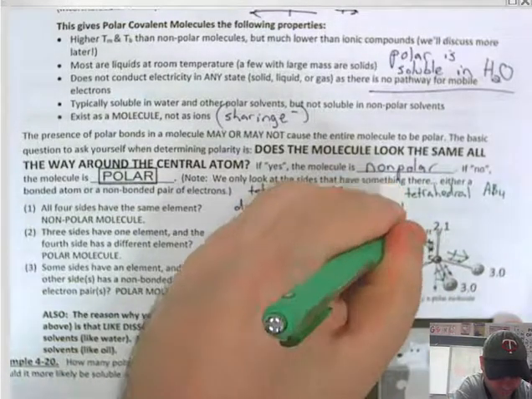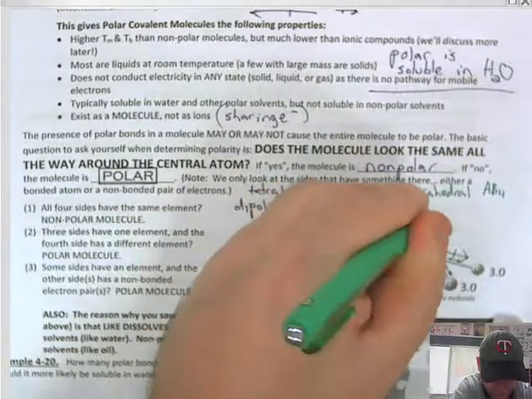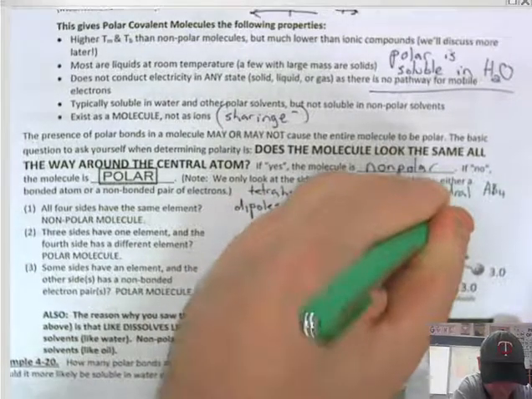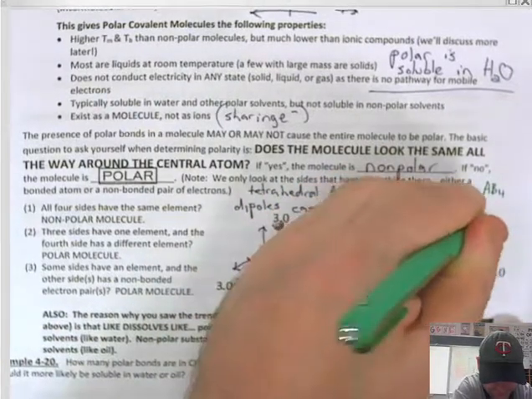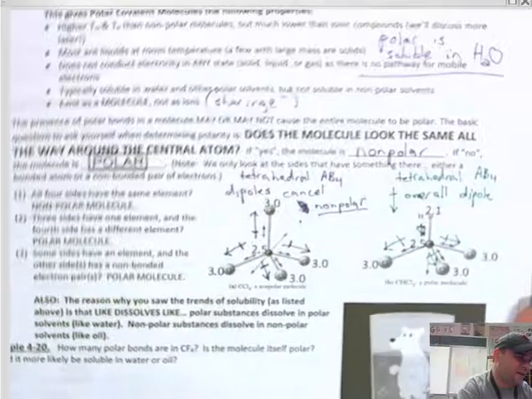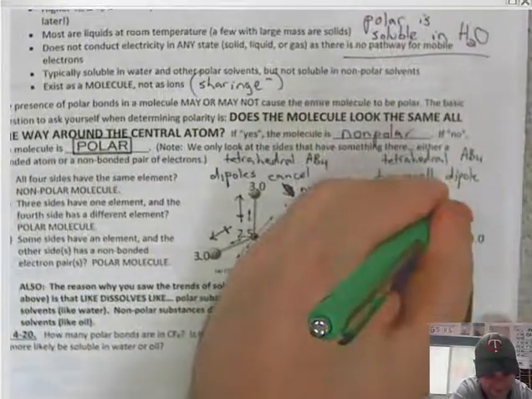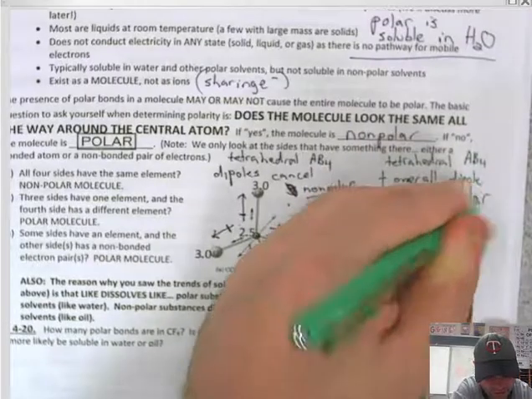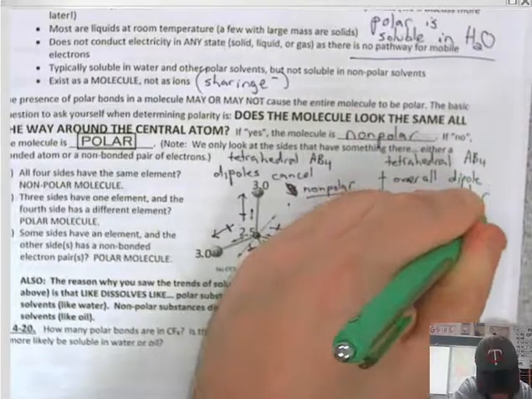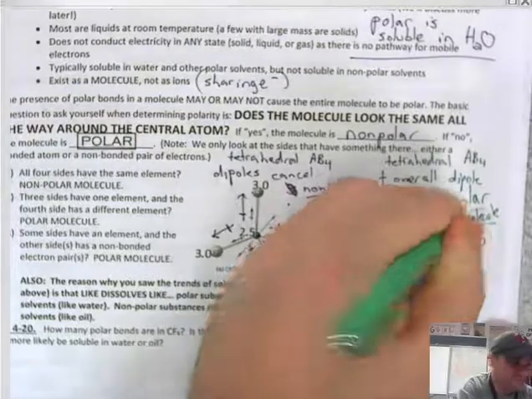So there is an overall dipole downward. If there is an overall dipole, that must mean the molecule is polar.